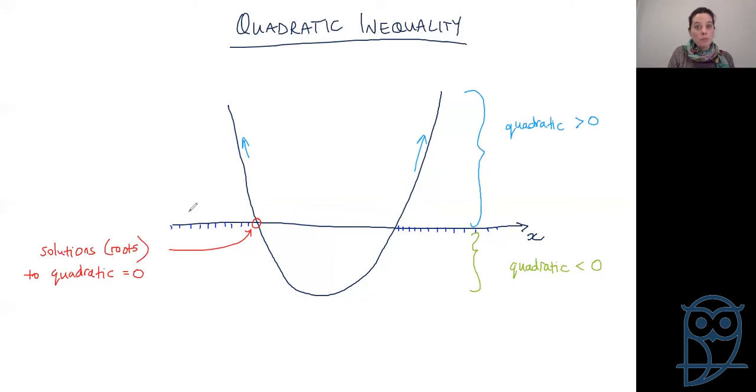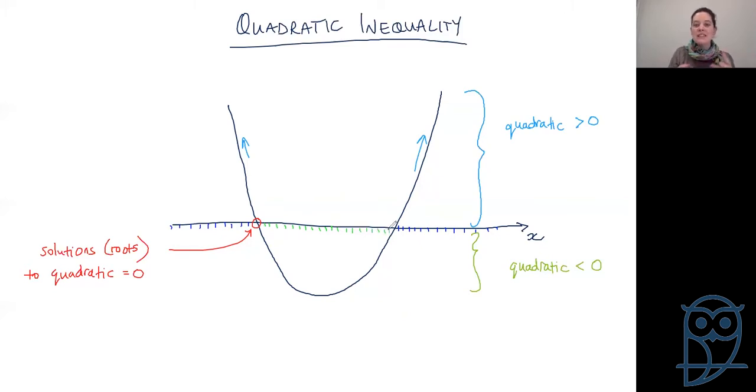So our quadratic would be bigger than 0. If we take our x values here and plug them into ax squared plus bx plus c, the value that comes out is going to be a negative value because our quadratic is less than 0.